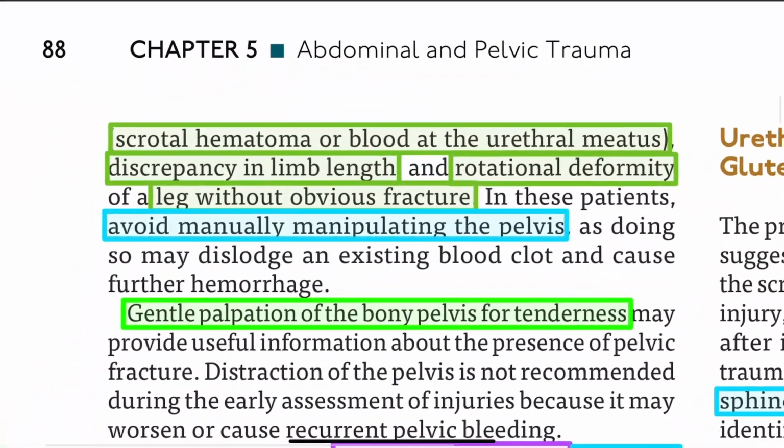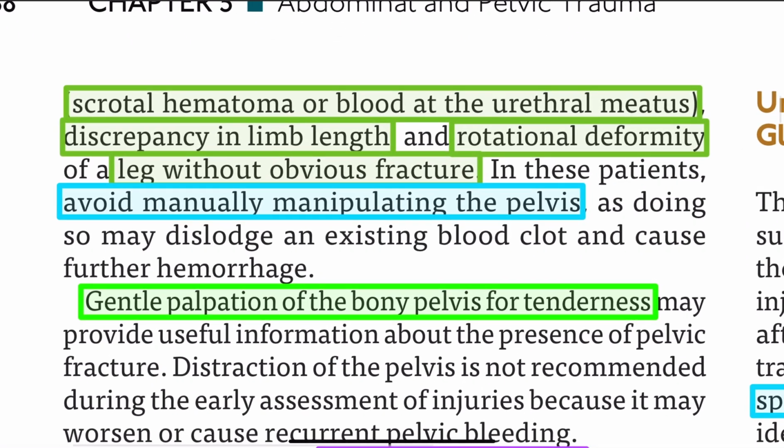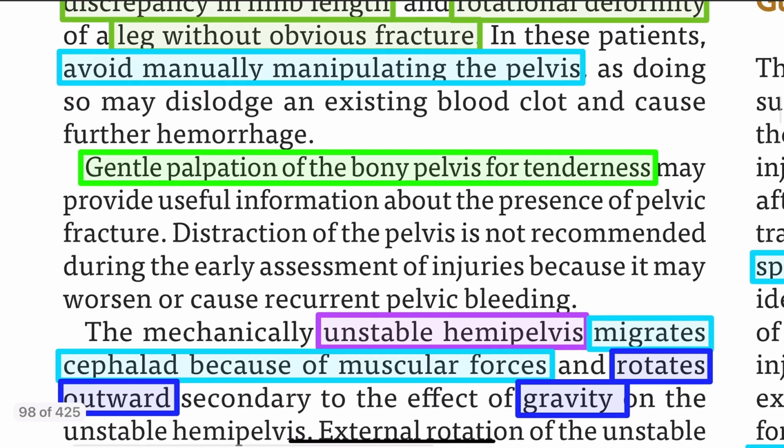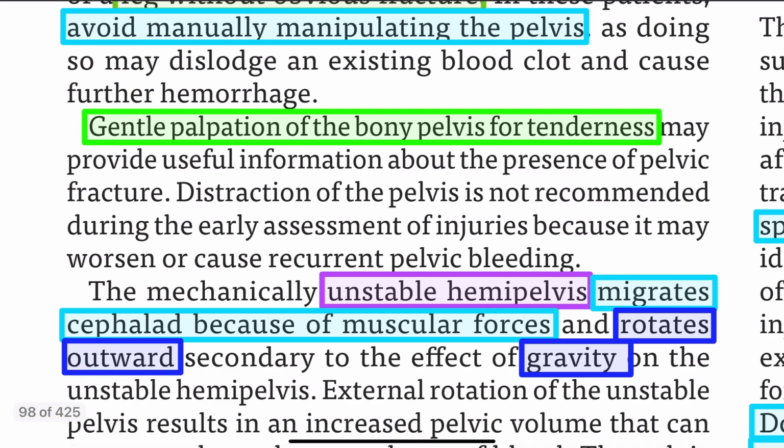Other signs you may get are scrotal hematoma, blood at the urethral meatus, and discrepancy in limb length or rotational deformity of the leg without obvious fracture. These may hint at pelvic disruption. In this case, you avoid manually manipulating the pelvis. You can just do gentle palpation of the bony pelvis for tenderness.